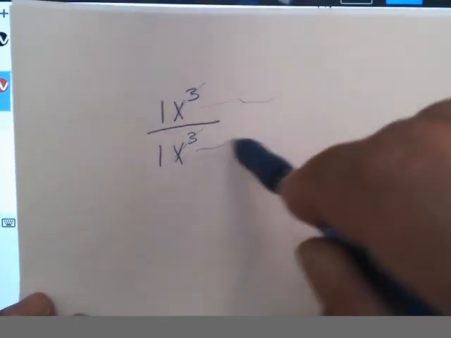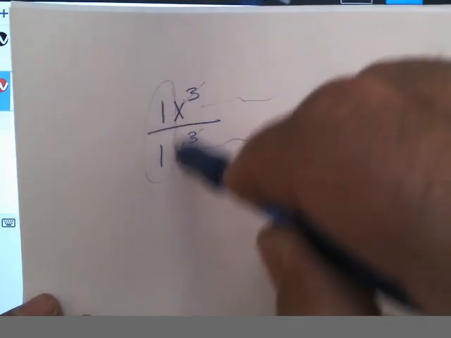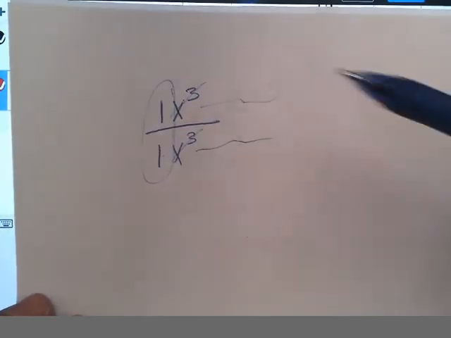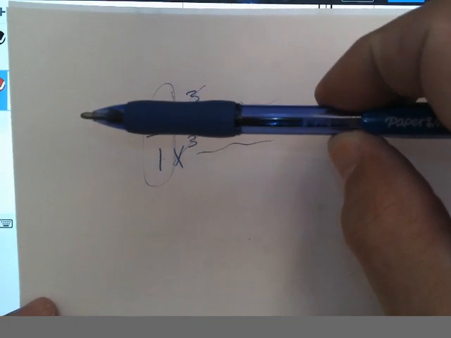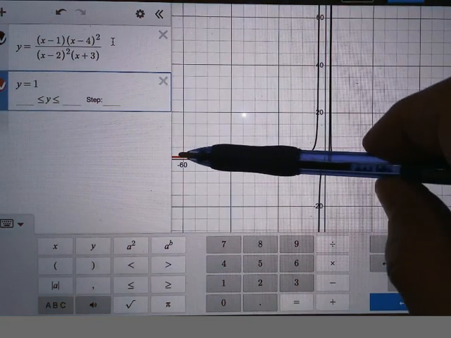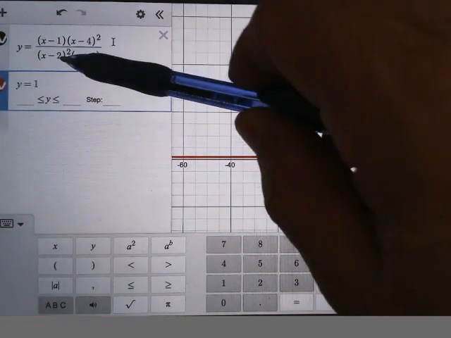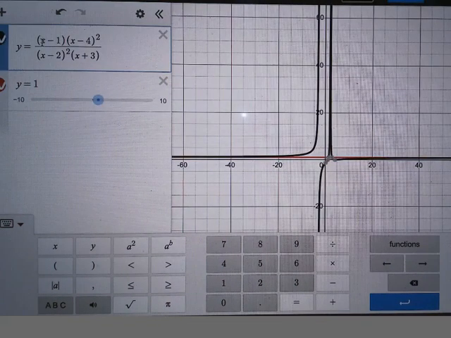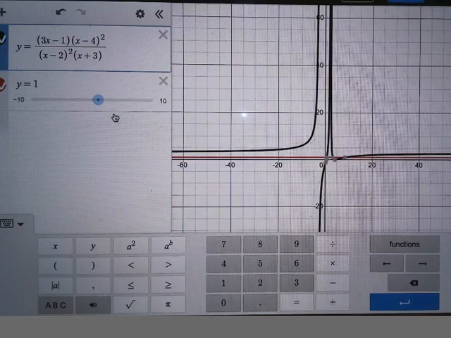There'd be some other stuff that wouldn't cancel, but the ratio of the leading coefficients tells us what the horizontal asymptote is. And that would be 1 on this. Now, if there happened to be a 3 here, like 3x minus 1, then it would go through 1/3 on the graph.